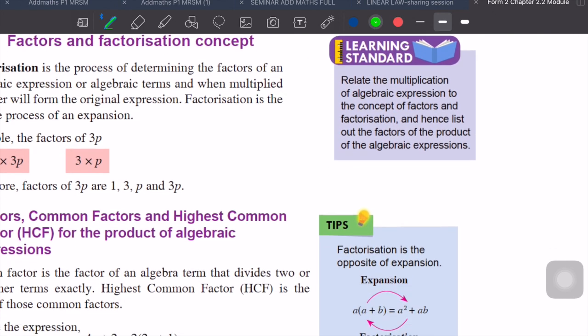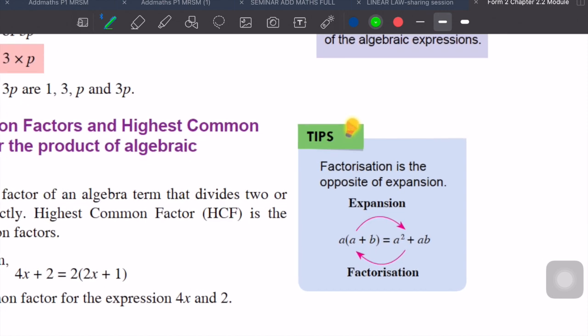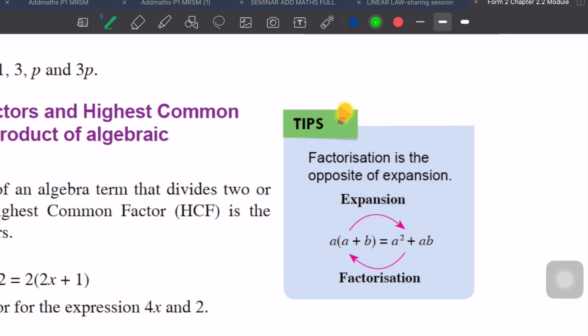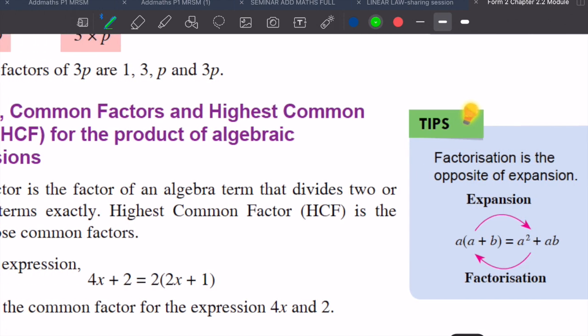First of all, look at these tips. Last week you learned about expansion, and this week you're going to learn about factorization. Factorization is actually the opposite of expansion. You can have a look at the example over here.